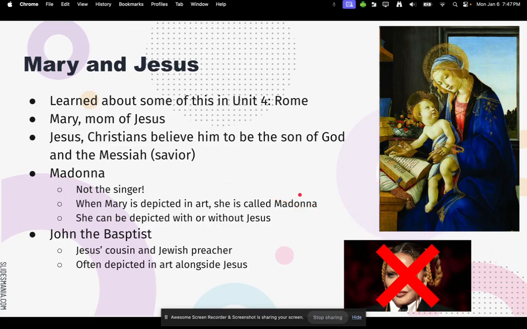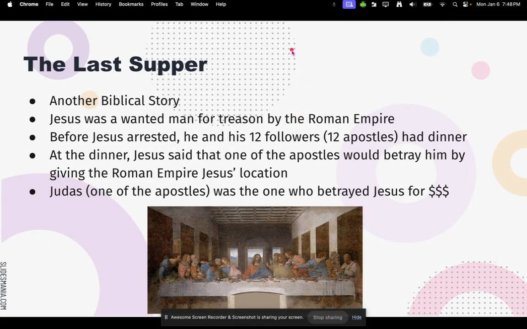In Renaissance art, when Mary is depicted, she is called Madonna, and she can be depicted with or without Jesus. You will also see John the Baptist in a lot of the pictures. John the Baptist was Jesus' cousin and a Jewish preacher, and he's often depicted in art alongside Jesus.